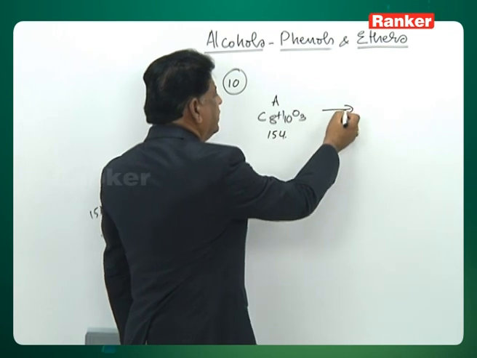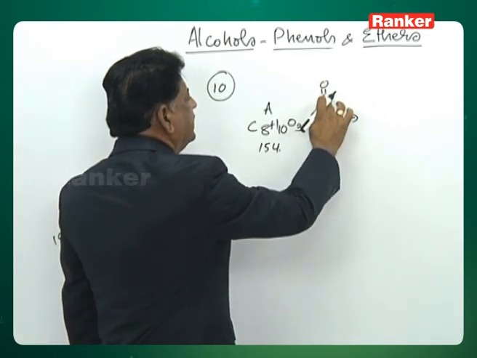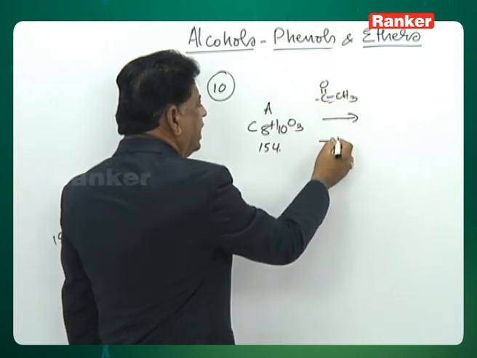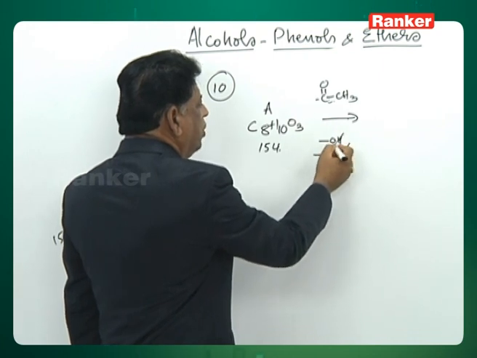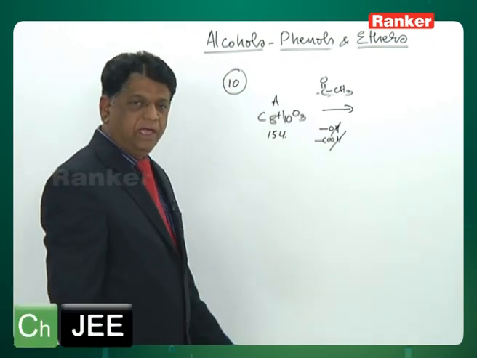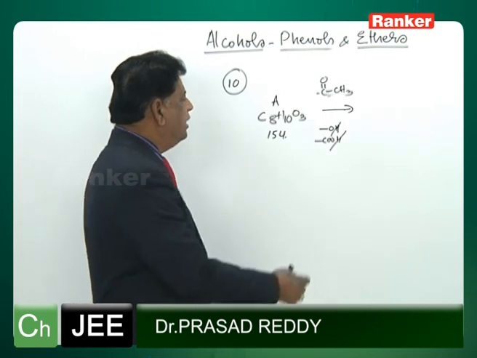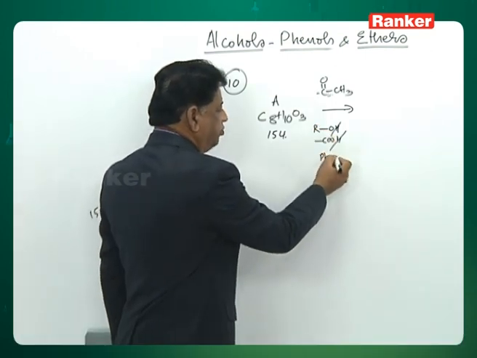Acetylated means you are introducing a COCH3 in the place of either OH or COOH. The H will go and the COCH3 is going to come. The compound may have acidic groups or hydroxy groups, alcoholic groups and phenolic groups also.